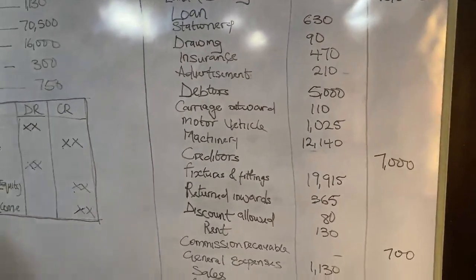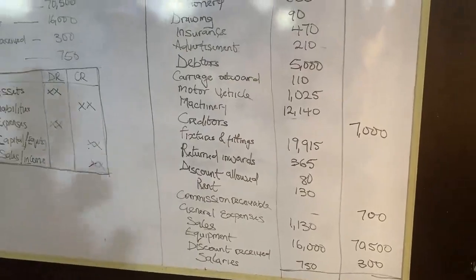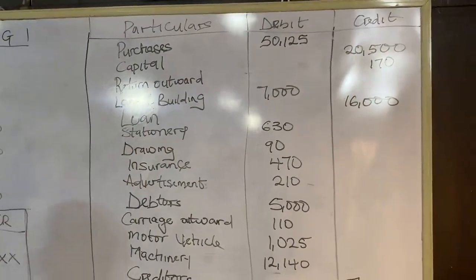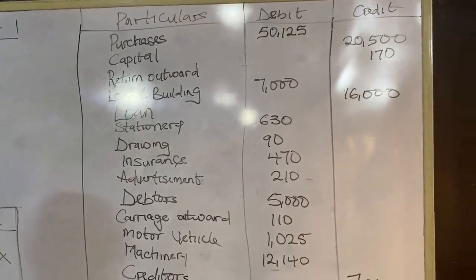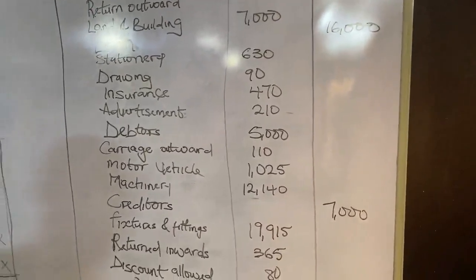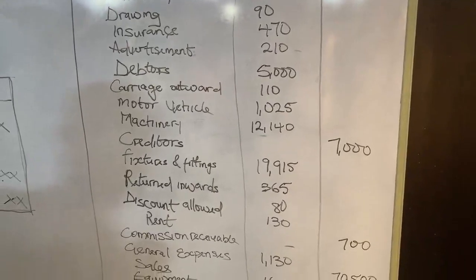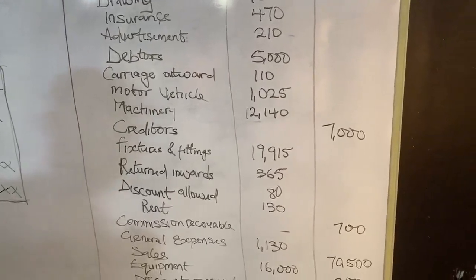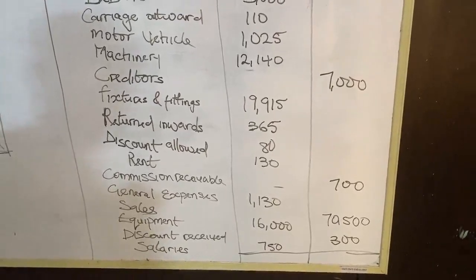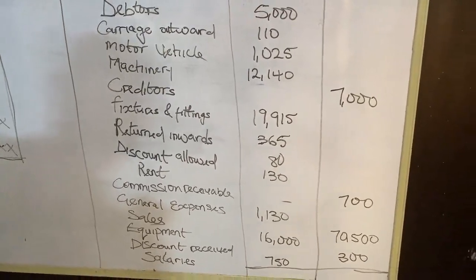Let's bring our calculator and start calculating how it goes. 50,125 plus 7,000 plus 630 plus 90 plus 470 plus 210 plus 5,000 plus 110 plus 1,025 plus 12,140 plus 19,915 plus 365 plus 80 plus 130 plus 1,130 plus 16,000 plus 750.